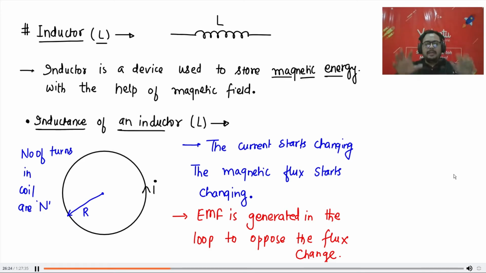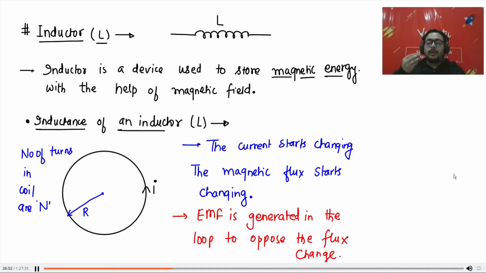Okay, so let us quickly revise. What is self-inductance? Basically, if you have a coil and current through that conducting coil is changing with respect to time, the flux due to that current is changing. So in order to oppose that change, an EMF is generated in that coil itself, and this is called self-inductance.